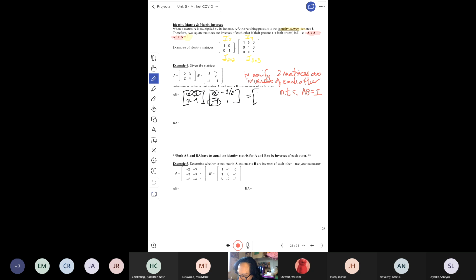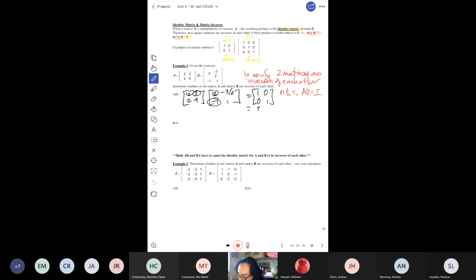Then first row, second column, -3 plus 3 gives me 0. And then the 2, 1 position, second row, first column, 4 minus 4 gives me 0. And then again, I look at the second row, second column, and -3 plus 4 gives me 1.